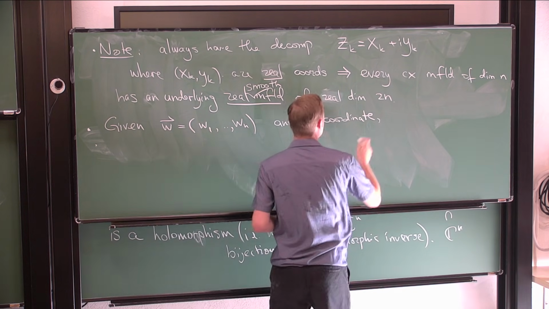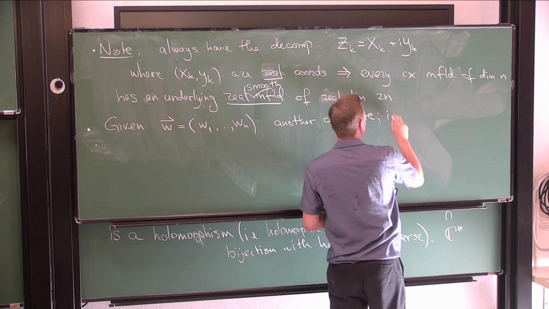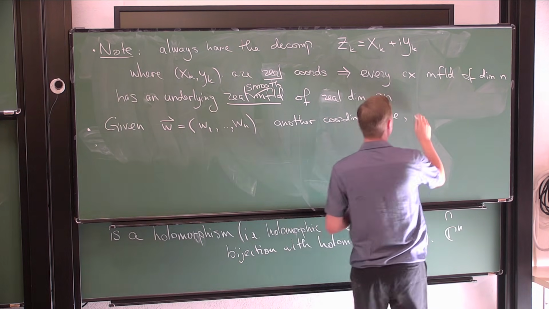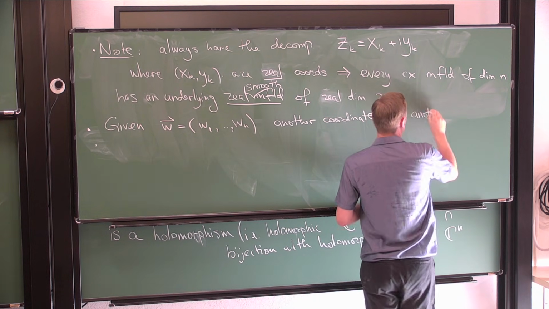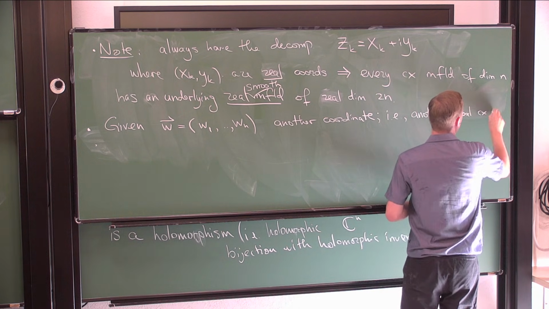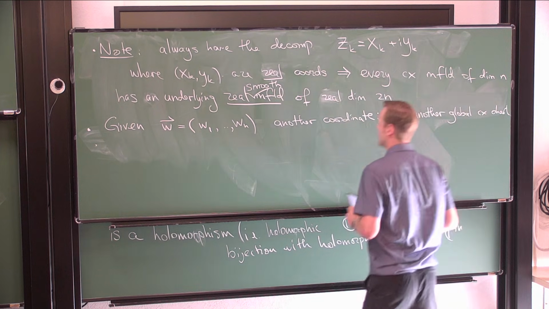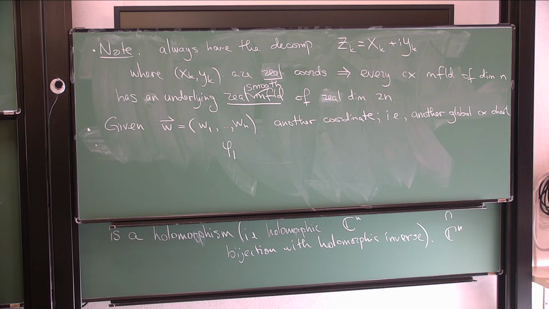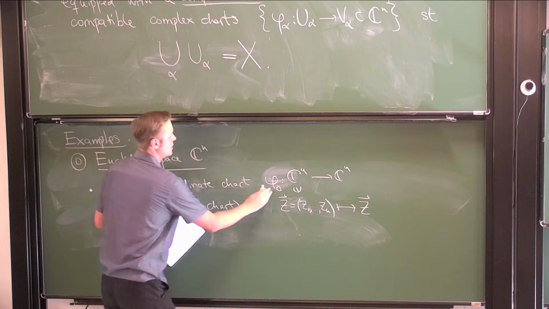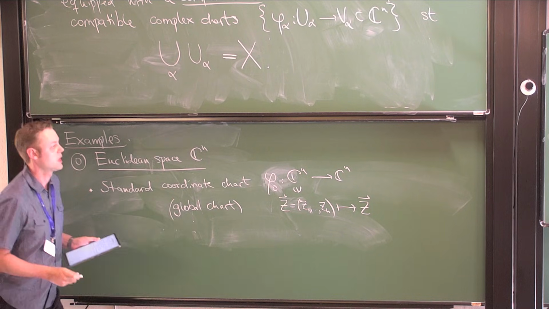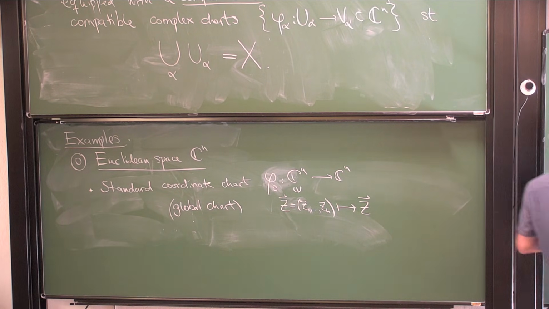So that means, in this new language that we're developing, I could say that I'm giving you another global complex chart, which maybe I'll call phi 1. Maybe I should have called the previous one phi 0. Sorry, so let's call this one phi 0. I'll call that one phi 1. So what does that one do?